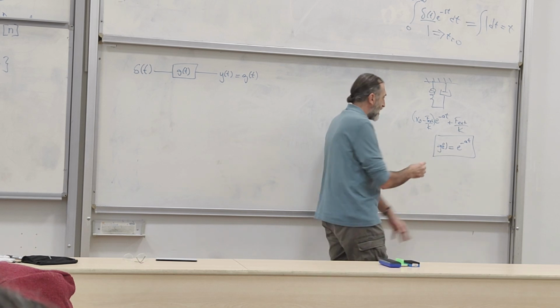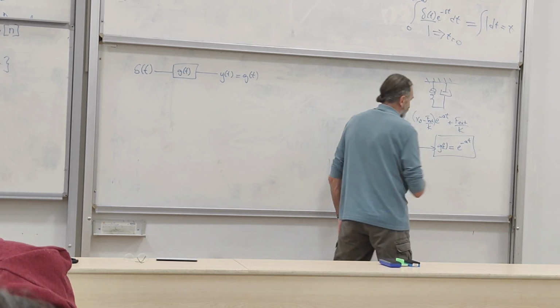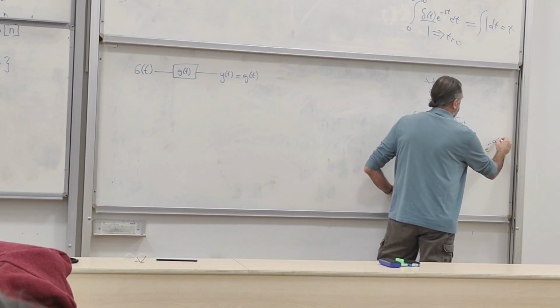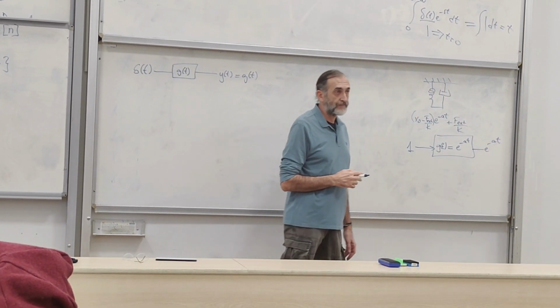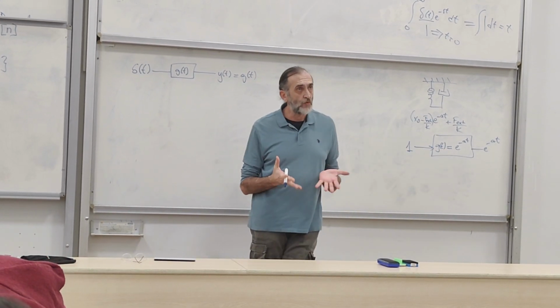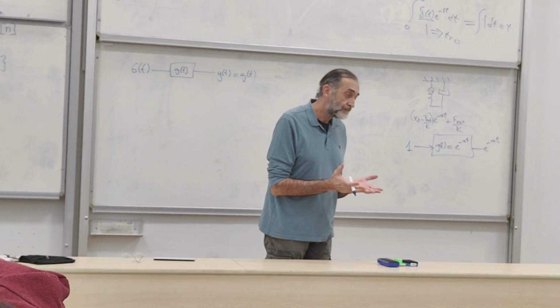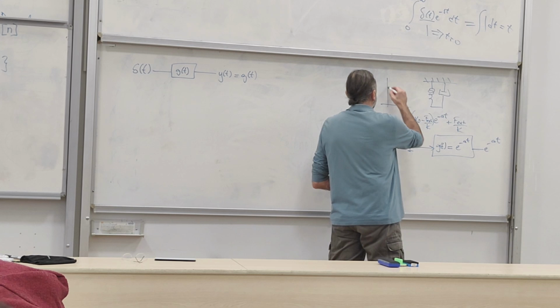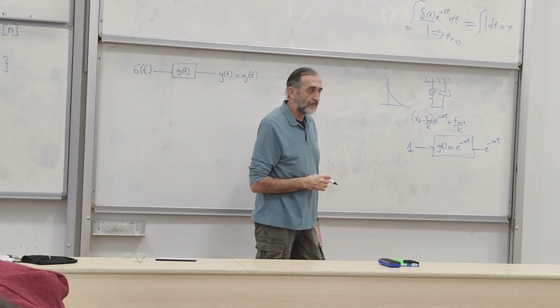And if I give 1 to this, then I'm going to get e to the minus at. What does e to the minus at look like if it were a signal? What would it be looking like? Like an exponential decay, right? To 0. That's a signal.